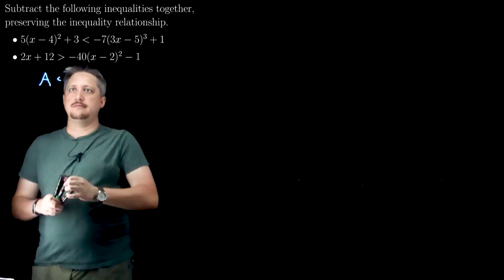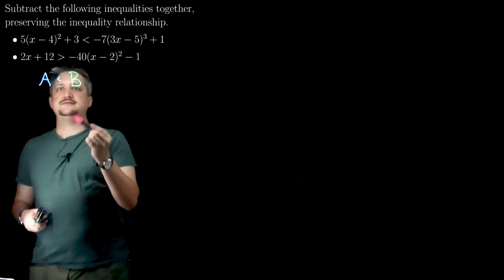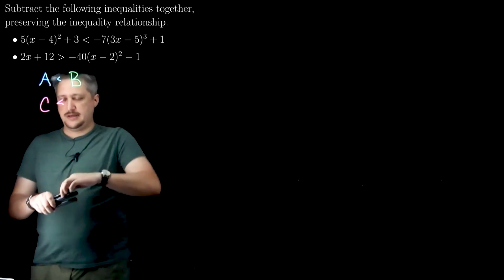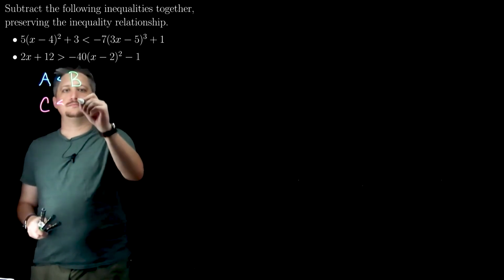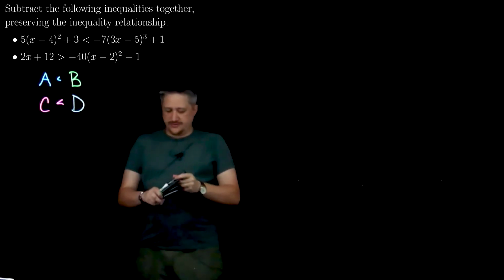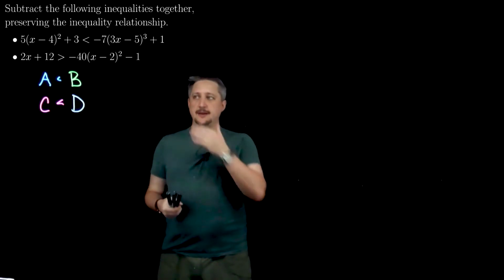So in general, if I have something like A less than B and C less than D. Now what I want is to be able to subtract these things and end up with something that's valid.